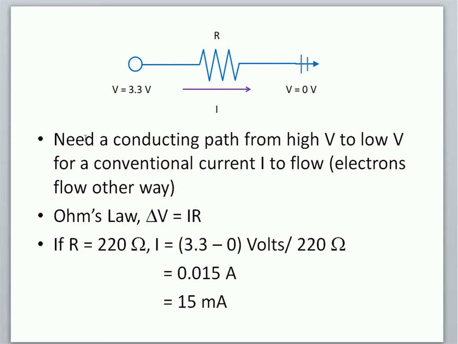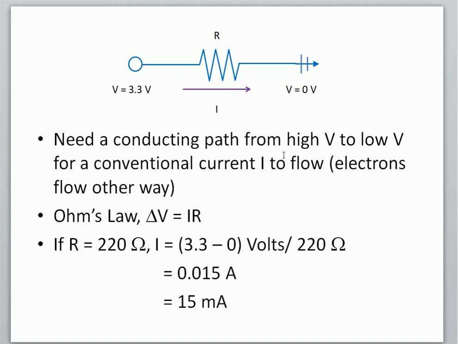Now, for a current to flow, for anything to happen in a circuit, you need a conducting path from high to low. Okay? Without that, nothing's going to happen. And by convention, we talk about the current flowing from high to low. But what actually happens is electrons flow the other way.